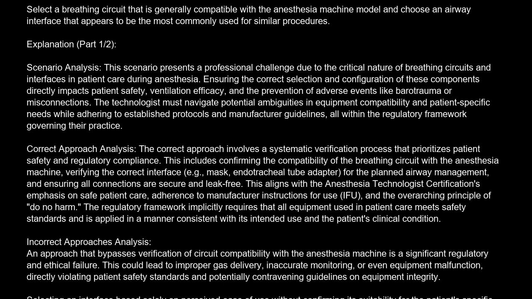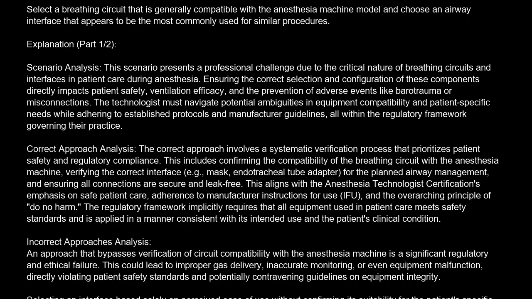This aligns with the anesthesia technologist certification's emphasis on safe patient care, adherence to manufacturer instructions for use (IFU), and the overarching principle of do no harm. The regulatory framework implicitly requires that all equipment used in patient care meets safety standards and is applied in a manner consistent with its intended use and the patient's clinical condition.